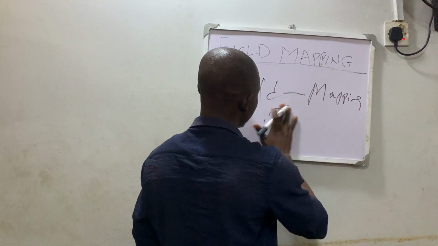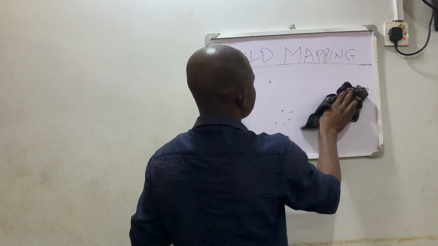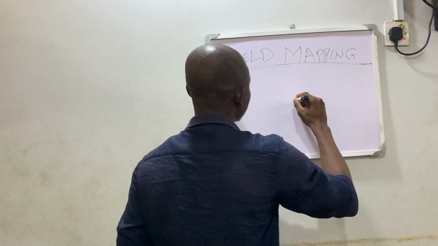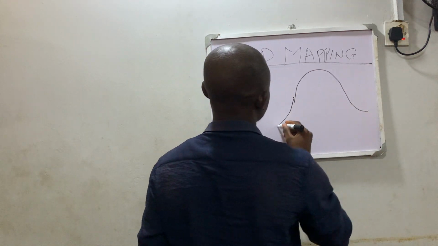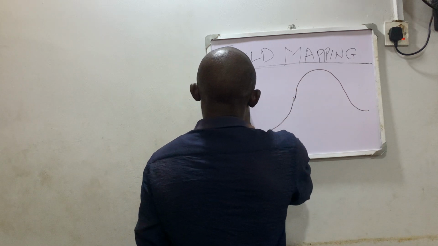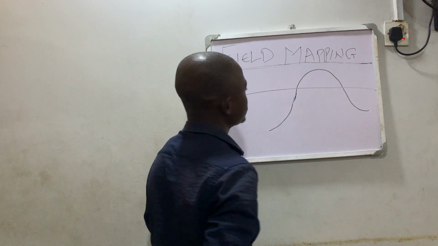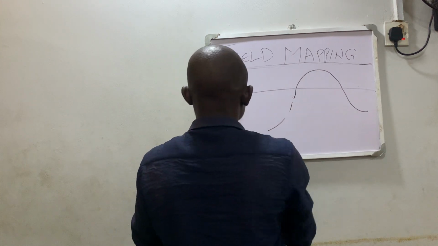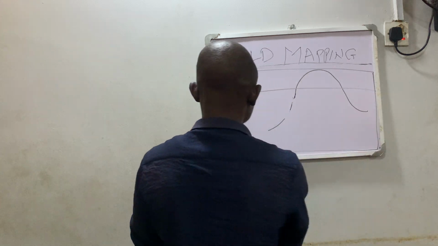Assuming this is an outcrop, and this is the land surface, and an outcrop is occurring this way. And this is your usual map.